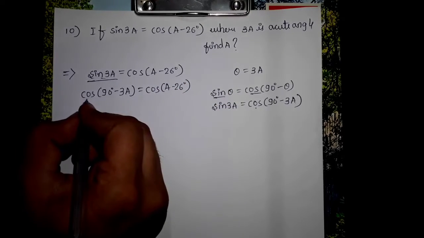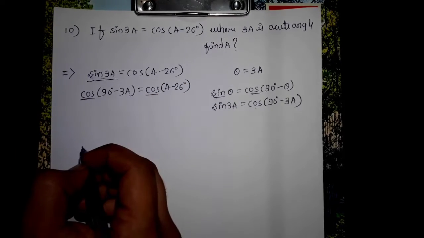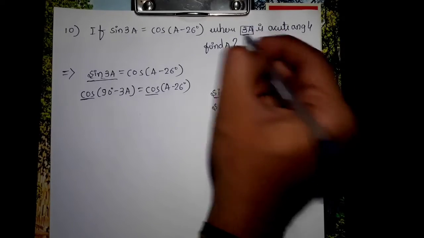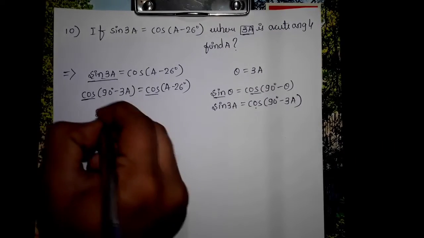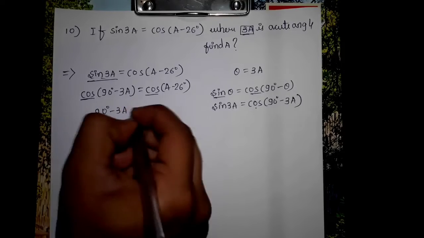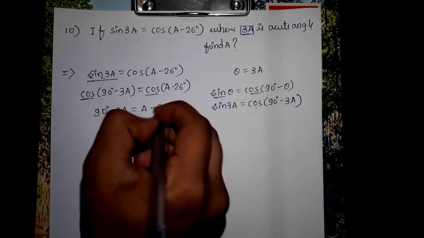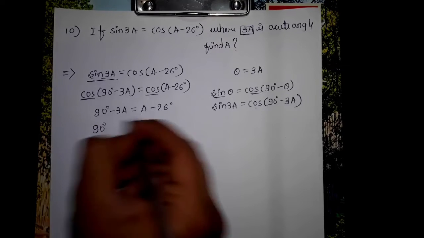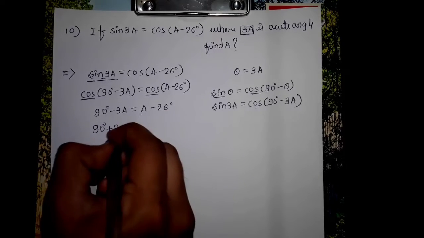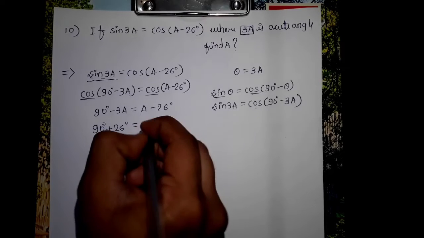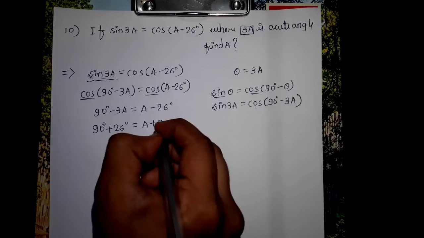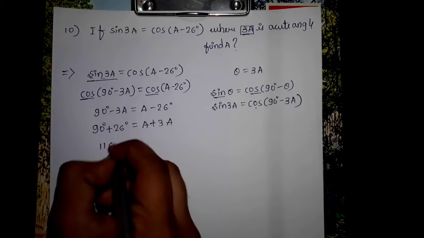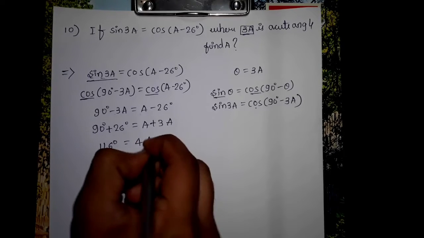Now the function is the same here, cos and cos, and we also know that 3a is an acute angle, therefore 90 degree minus 3a is equal to a minus 26 degree, equating. Now 90 degree minus 26 will become plus 26 degree, equal to a minus 3a will become plus 3a. 90 plus 26 means 116 degree is equal to 4a.